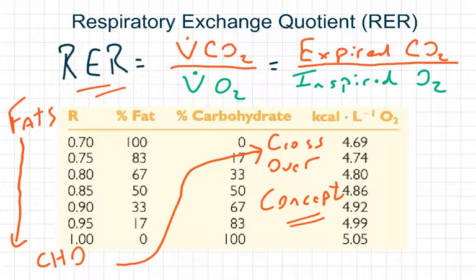What this concept describes is the shift from fats to carbohydrates as the primary fuel source as intensity increases. And research shows that this is due to the recruitment of fast-twitch muscle fiber types, and also to the increase of concentrations of catecholamines in the bloodstream.